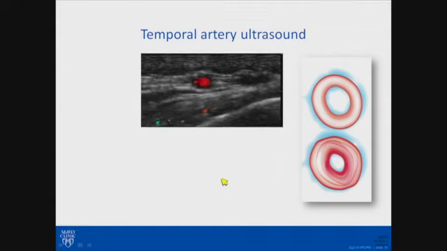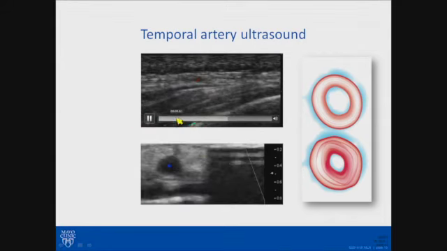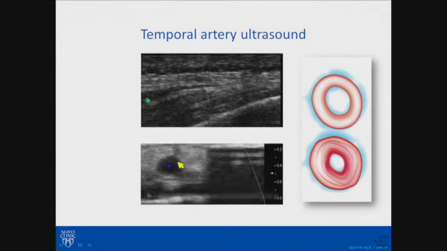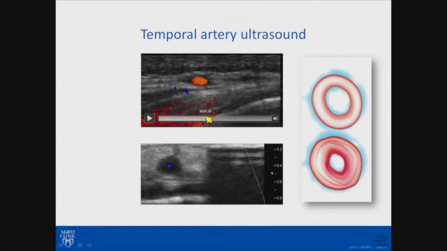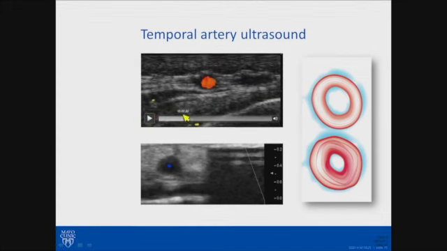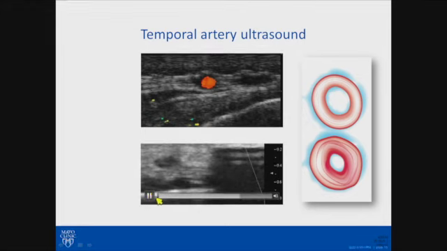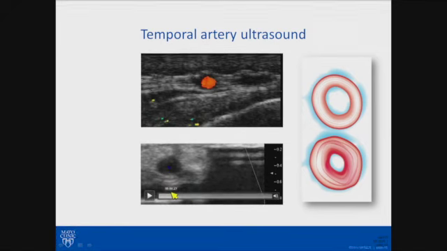But what happens in the context of vasculitis? So we'll just keep the normal one up here for comparison's sake, and here's the artery that's affected by vasculitis. So here's the difference, right? Here you can see that the channel is now smaller.